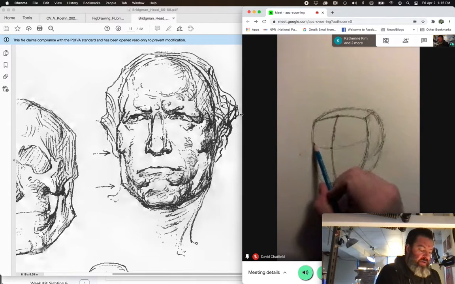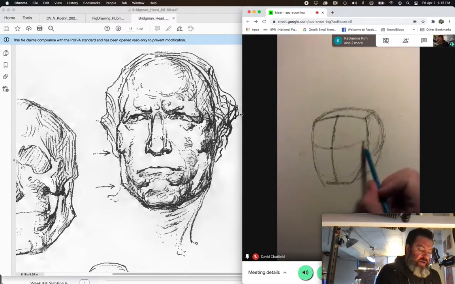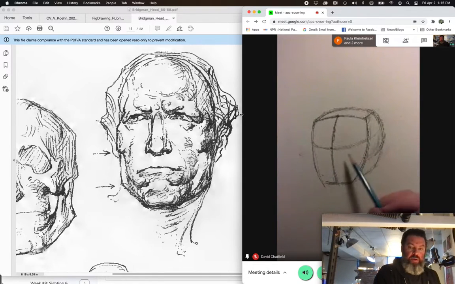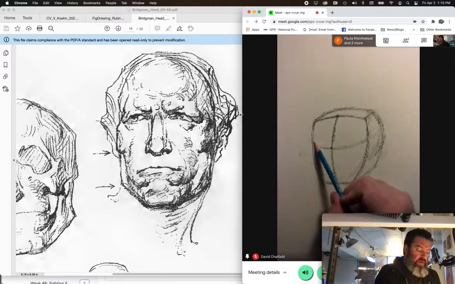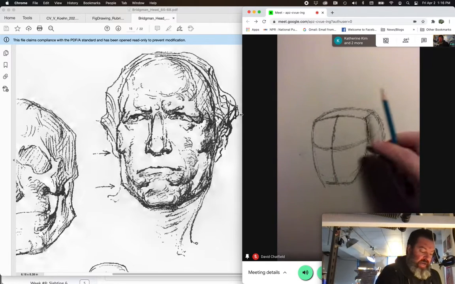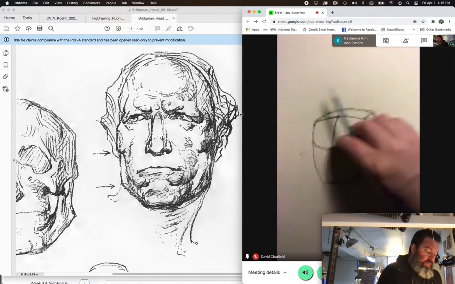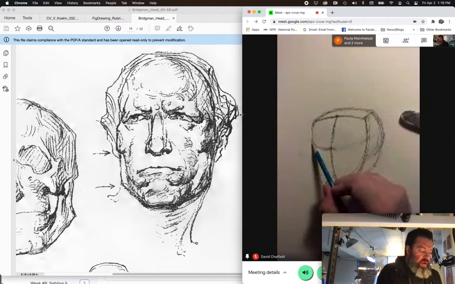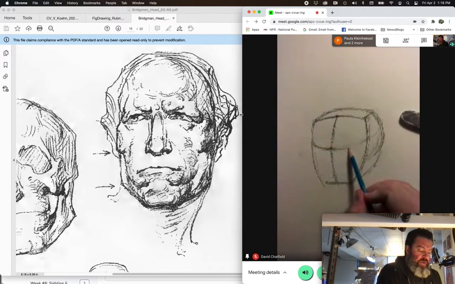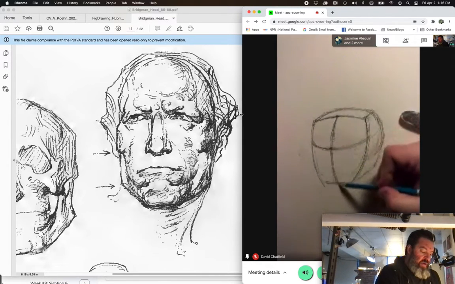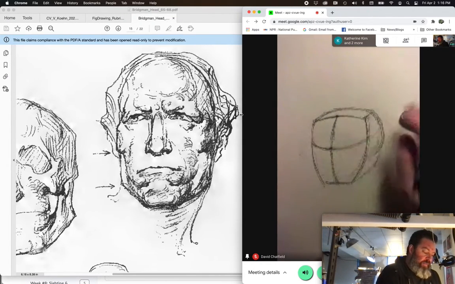And again, I will curve that out. I'll do a curved cross contour to make the face feel three-dimensional. And so the eyes should fall along this axis roughly. Got a little bit of chicken scratch going on here. That's not good. And again, it depends on what you're looking at, but really try to find these two divisions.